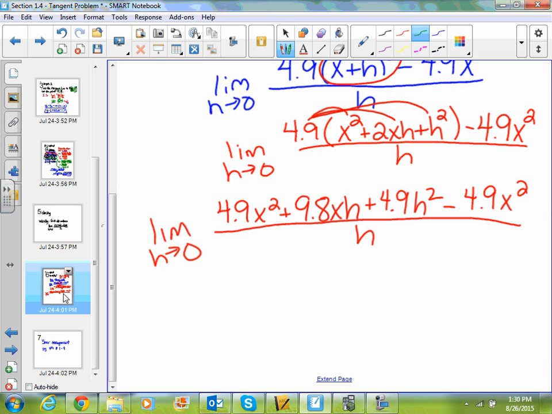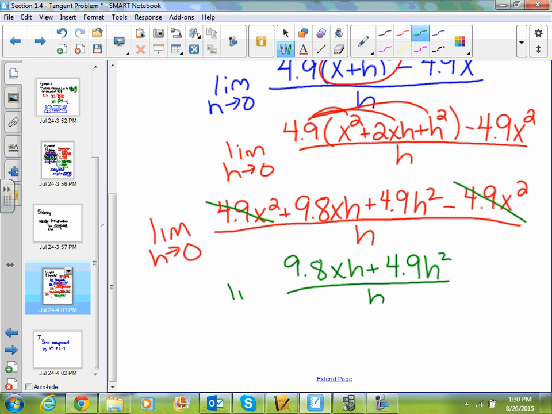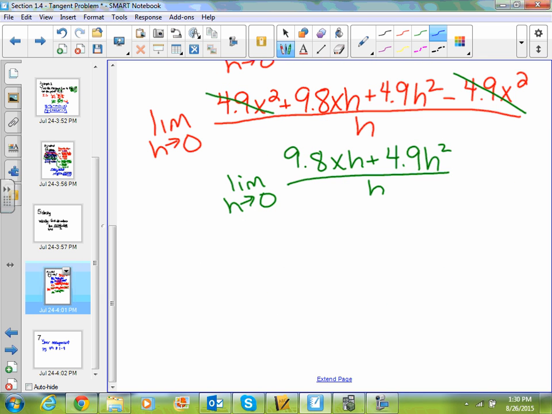So it's kind of complicated, so let's simplify. So 4.9x squared and a minus 4.9x squared are going to cancel. So I'm left with 9.8xh plus 4.9h squared divided by h. So we're going to take out an h. So 9.8x plus 4.9h.